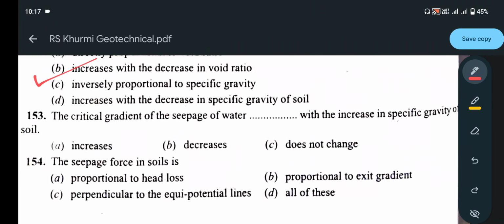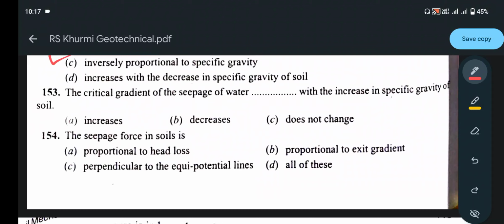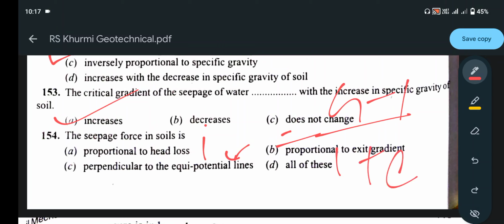The critical gradient of the seepage of water increases or decreases with the specific gravity? It increases with the specific gravity, since we know i_cr is equal to (G minus 1) by (1 plus e).